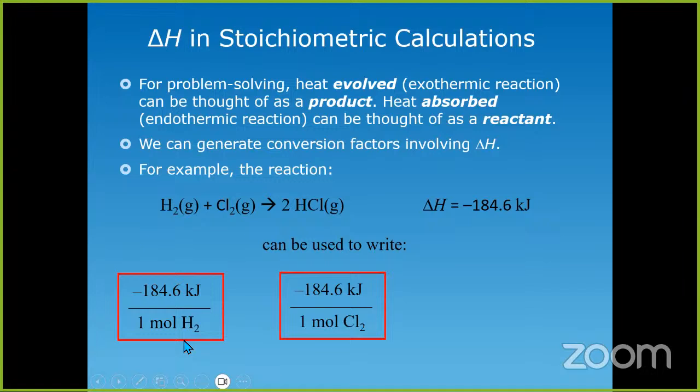So, for example, you could write minus 184.6 kilojoules per mole of hydrogen because you have 1 mole of hydrogen represented here. Same thing for the chlorine. And you can also have the relationship between the same amount, but you have 2 moles of hydrogen chloride because of the 2 here, right? And of course, you can use the flipped version of each of these, depending on the kind of problems that you're trying to solve.